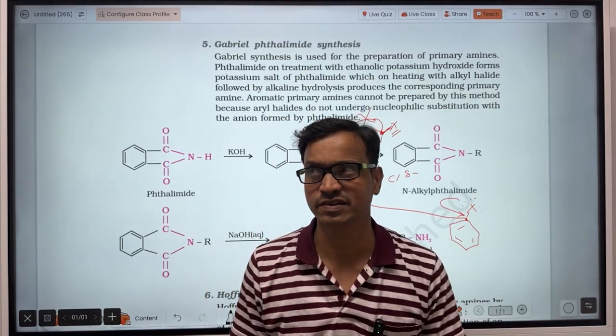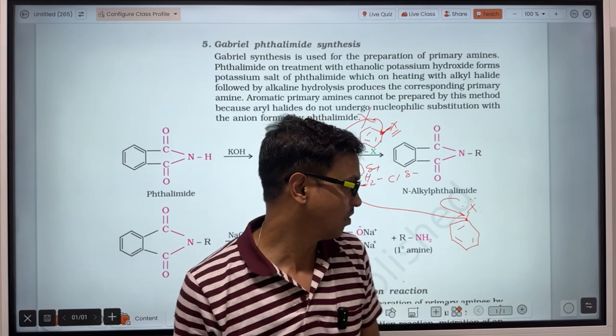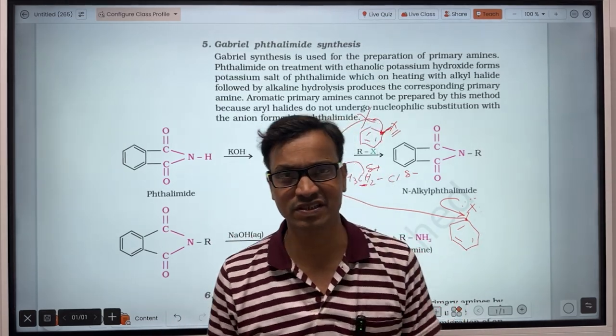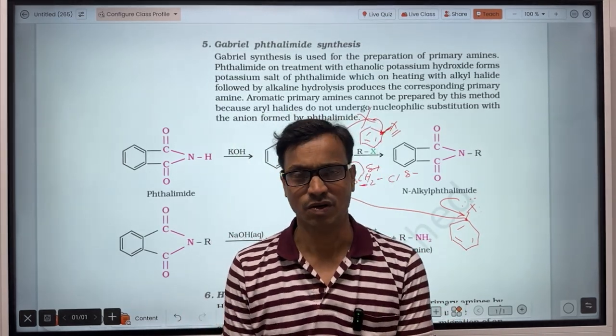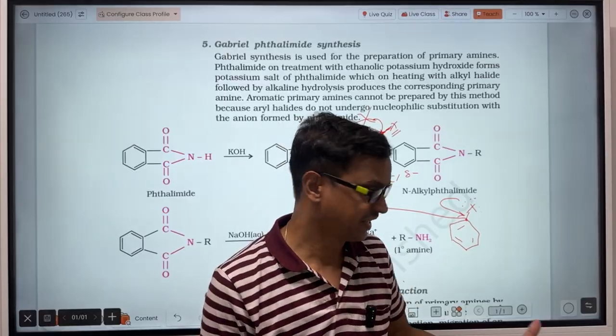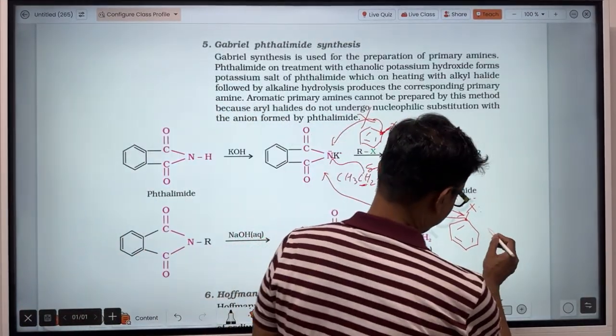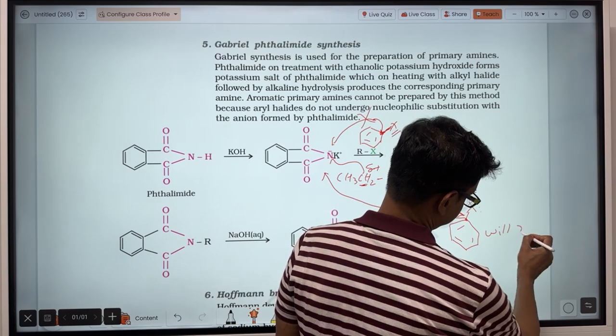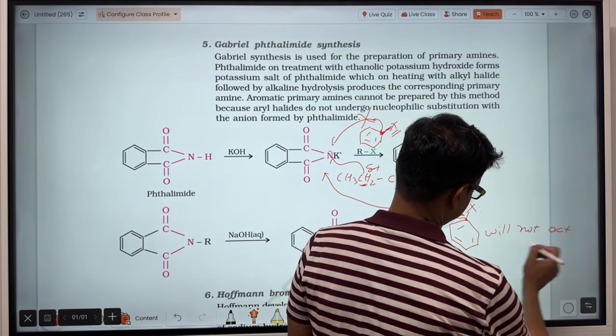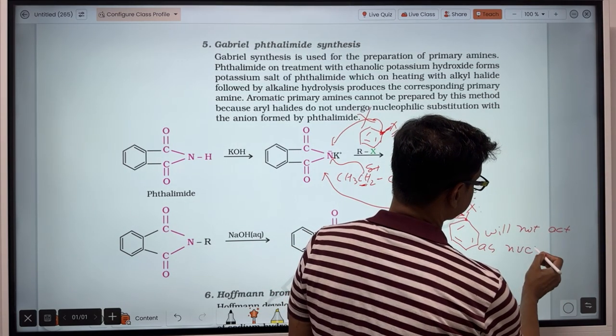As a result, there is no development of positive charge on the alpha carbon atom of the haloarene. So it will not act as an electrophile.